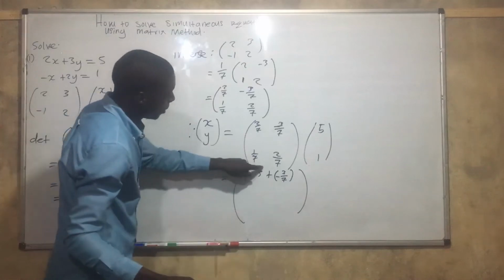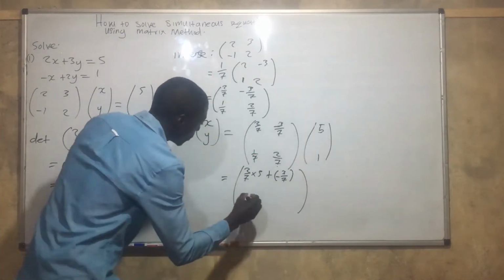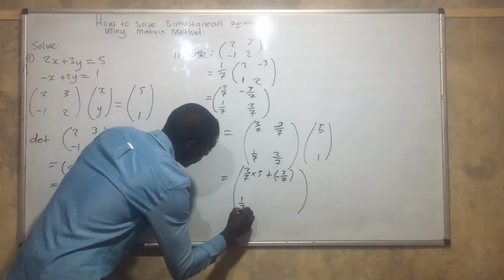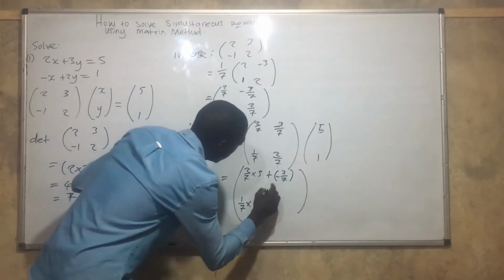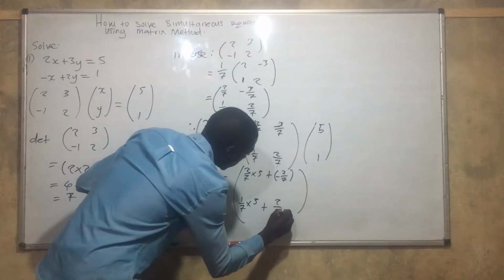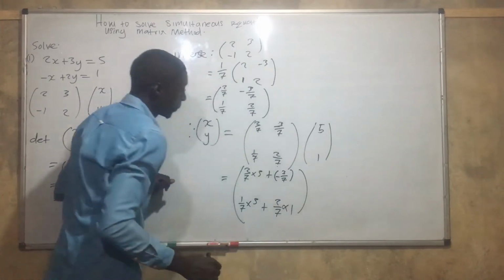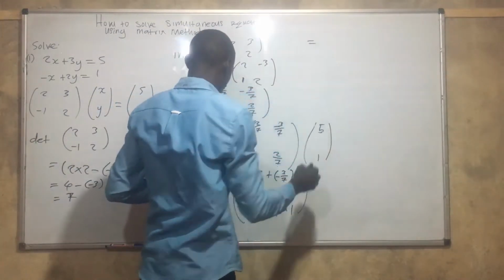Then this row again by that column, it will be 1 over 7 multiplied by 5 plus 2 over 7 multiplied by 1.